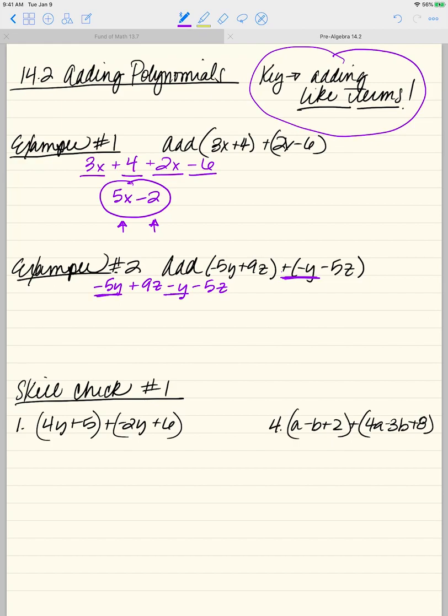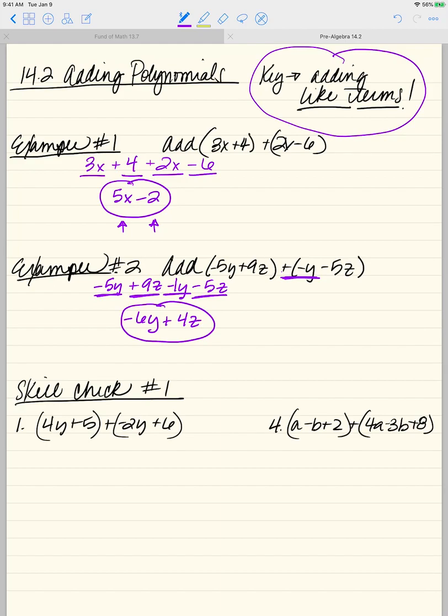Negative 5y minus y. Remember, there's a 1 there. So that's negative 5 minus 1 gives us negative 6y. And then we have a positive 9z minus 5z. So negative 6y plus 4z, because that's positive 9 minus 5. And that is as simple as that expression can be.